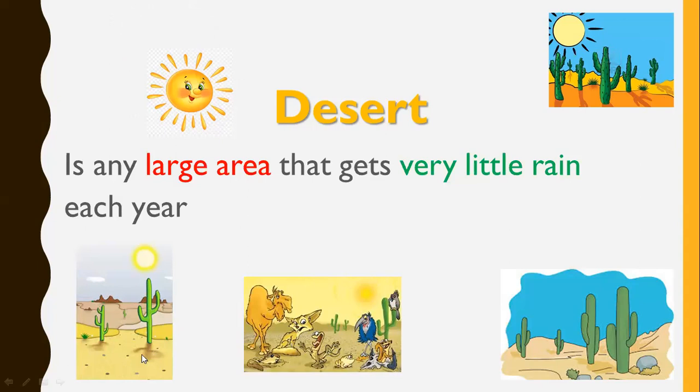Very little amount of rain each year, so it's very, very dry. And of course, it has a very hot, burning sun.